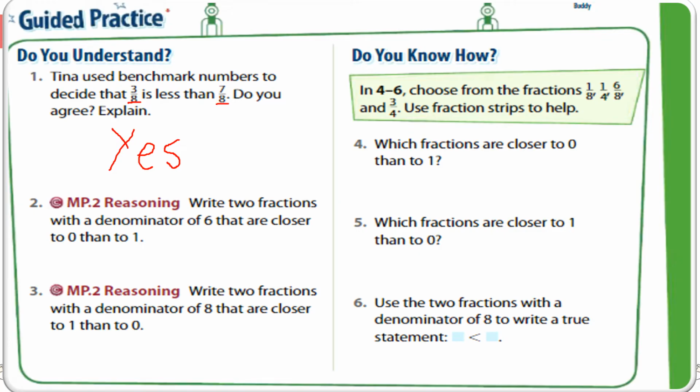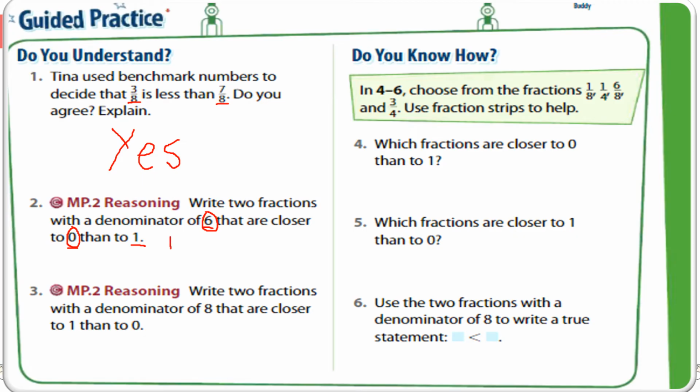Okay, question 2. Write two fractions with a denominator of 6 that are closer to 0 than to 1. The denominator is going to be 6 and the fractions should be closer to 0. We just decided on the last page that the fractions with a smaller numerator will be closer to 0.